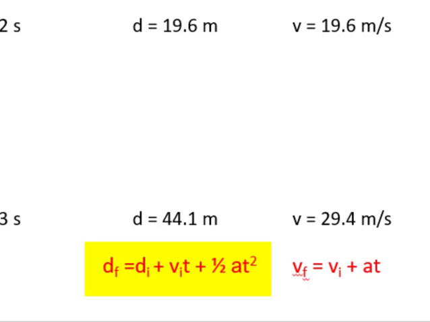And for an object falling, that acceleration is just the acceleration due to gravity, 9.8 meters per second squared. And if you want to just simply talk about velocity, the final velocity, the speed that it's going right before it hits the ground, is its initial velocity plus the acceleration times time. And once again, that acceleration is the 9.8 meters per second squared.